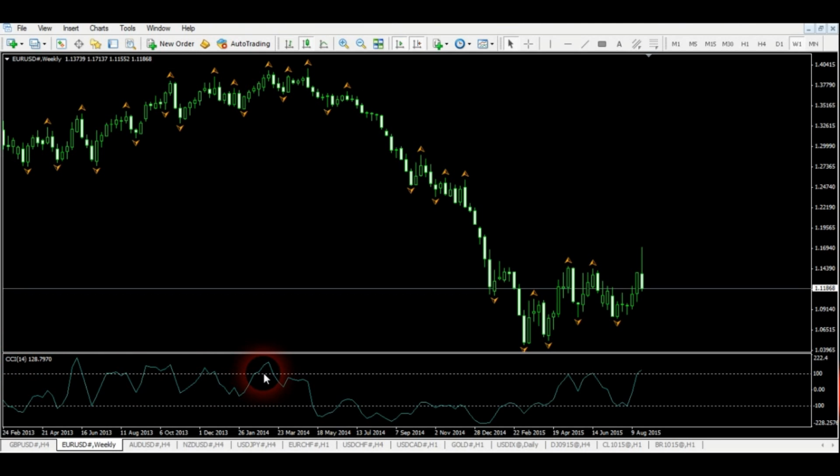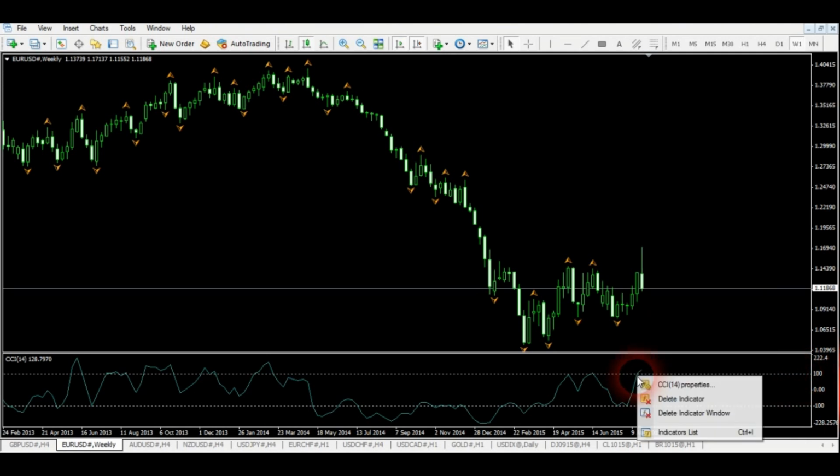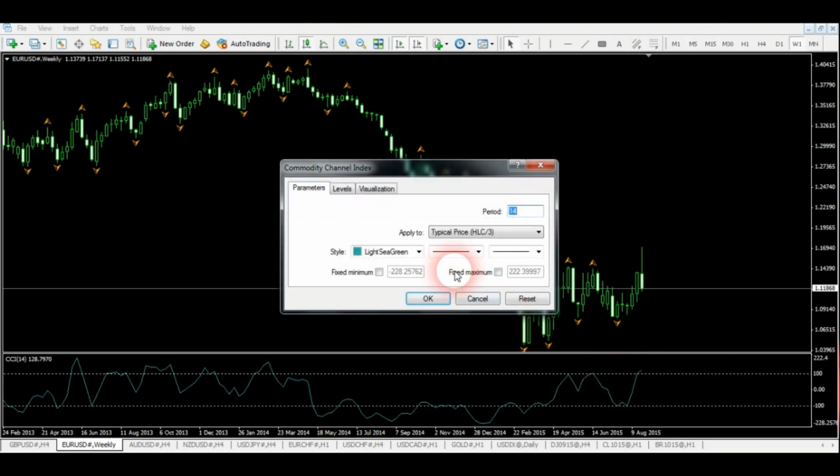This CCI gives us the strength of sellers and buyers, and it also shows us the good zones for selling or buying, or the risky zones. You can change these -100 and 100.